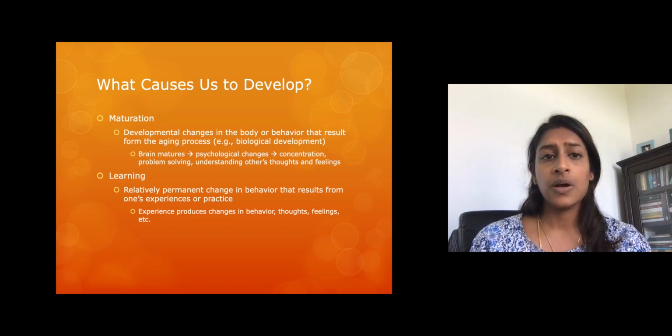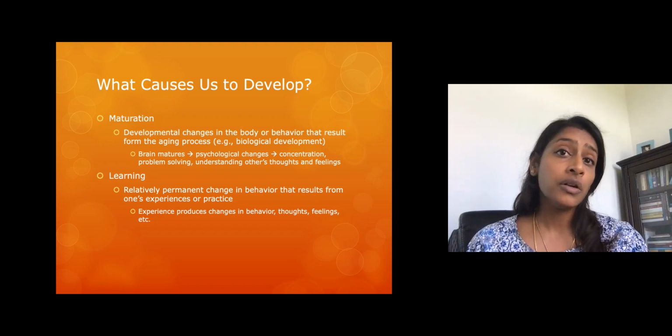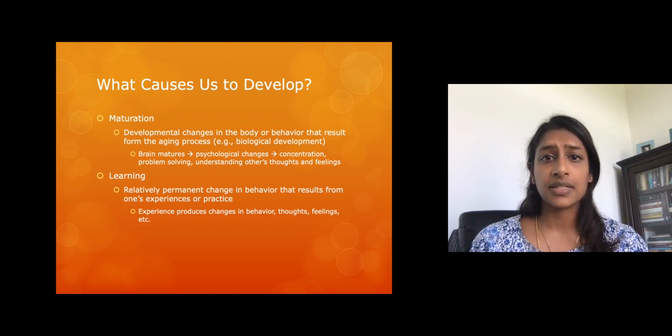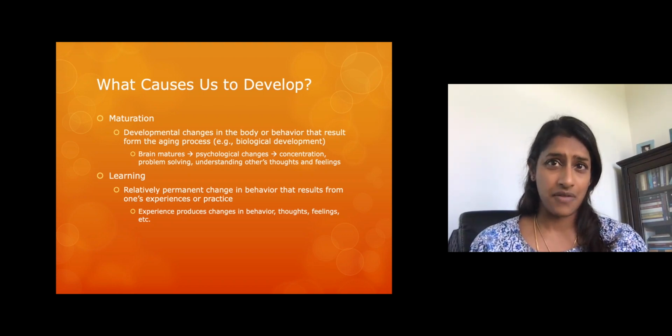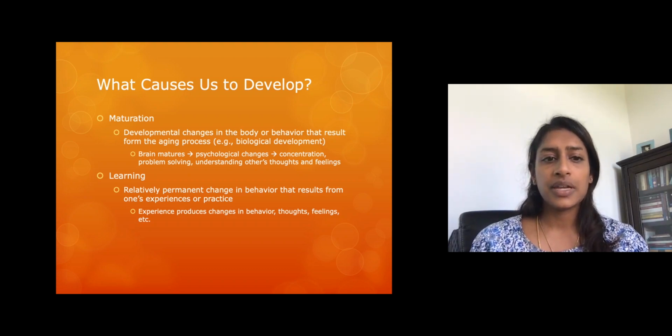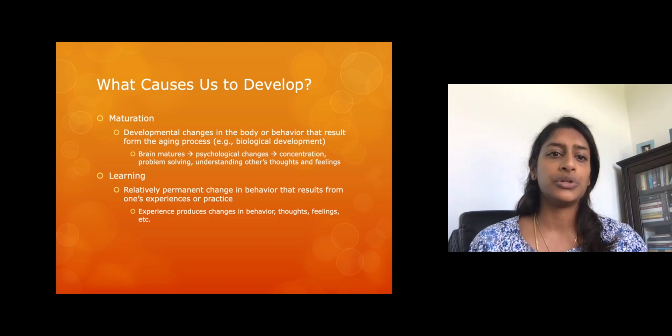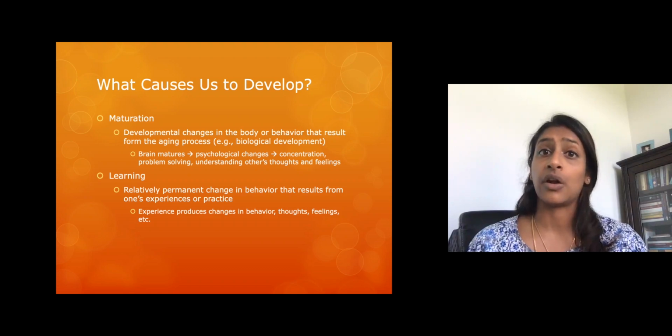We also can think about learning as well. And learning, as defined by your text, is a relatively permanent change in behavior that results from our experiences or practice of engaging in our environment. And so experiences are going to produce changes in our behaviors, in our thoughts, in our feelings.